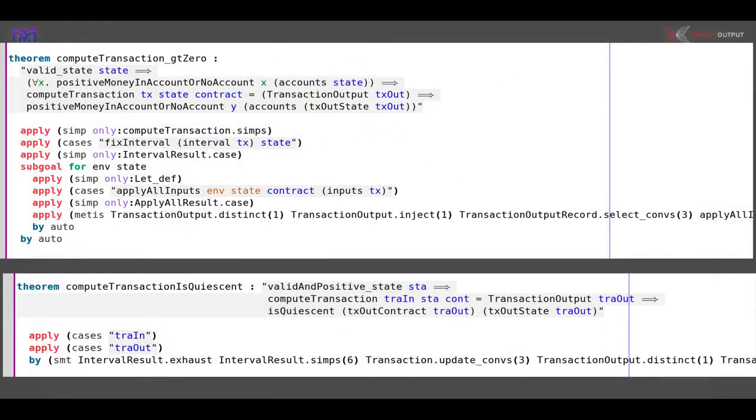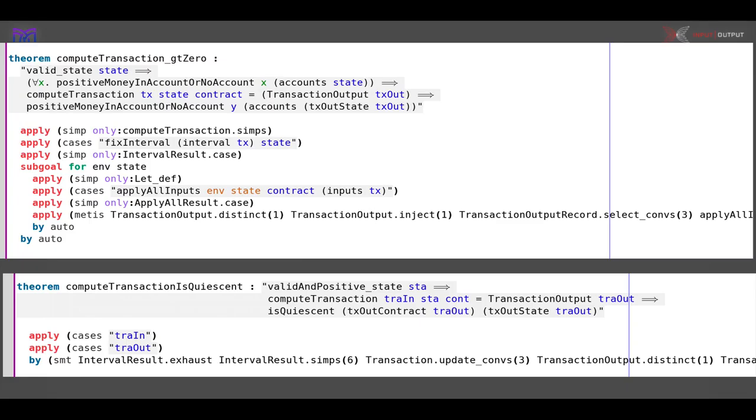And here are two examples. The first theorem here says, if every account in the contract has a positive amount or nothing in it, and we compute a transaction, then the same property is true of the output of that transaction.